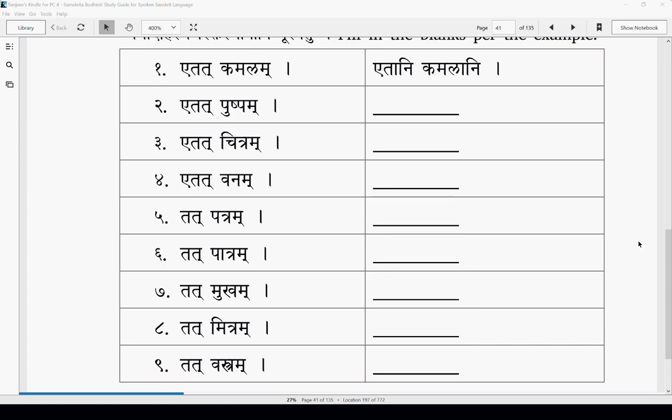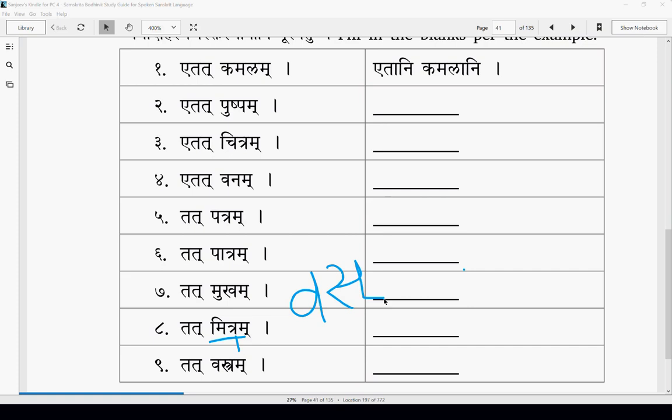Okay. Can you pronounce it vastram? Like we have mitram here, that same tra is coming here. Before that there is a vas.